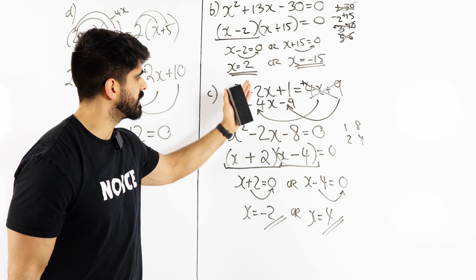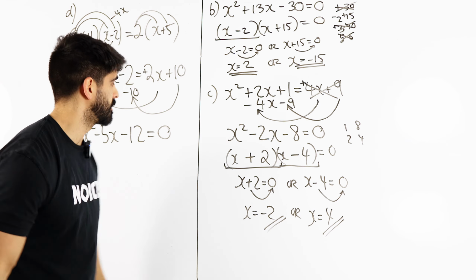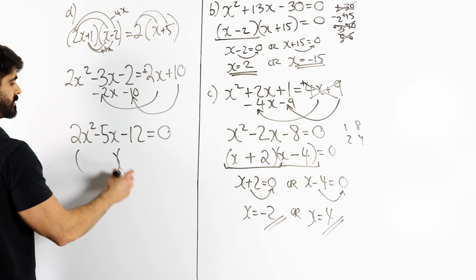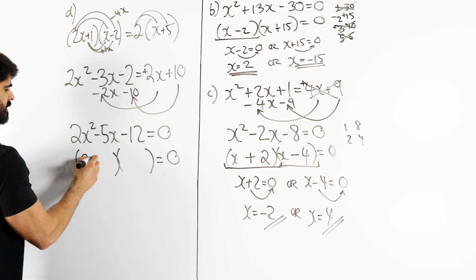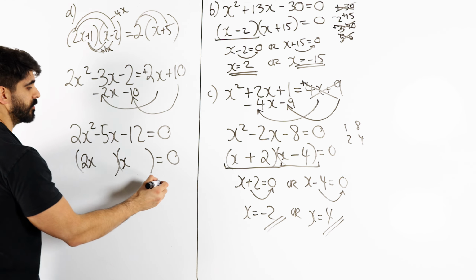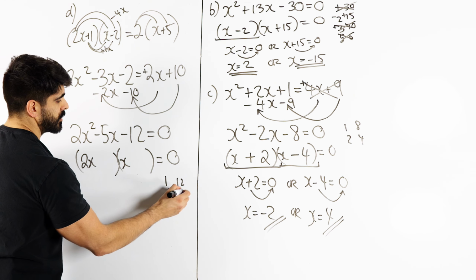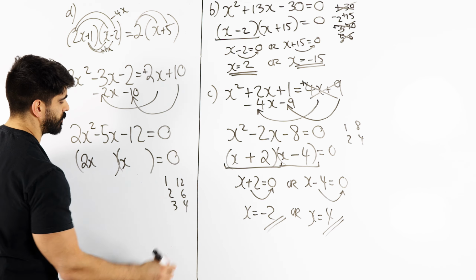We're going to factorize it in the exact same way we have always been doing. I'm going to do two brackets. I'm going to show you guys some tricks here. What multiplies to give you 2x squared is 2x and x. For 12, I have 1 and 12, 2 and 6, 3 and 4.